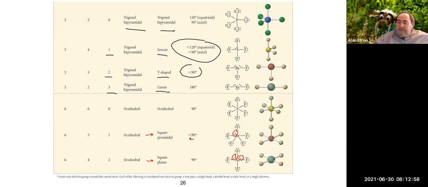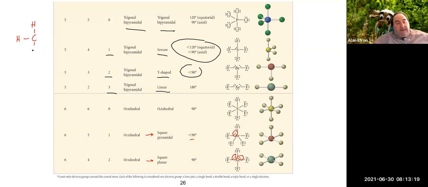One last thing, though, before we move a little bit away from geometry, is that sometimes, as we talked about, there is more than one central atom present. We don't come across it a lot in this class per se, but it does pop up. A lot of times people like to give organic examples.